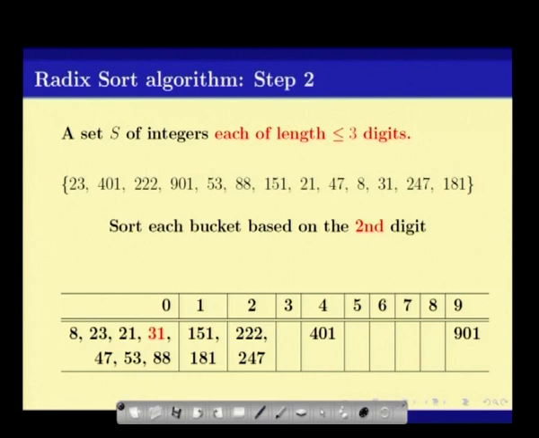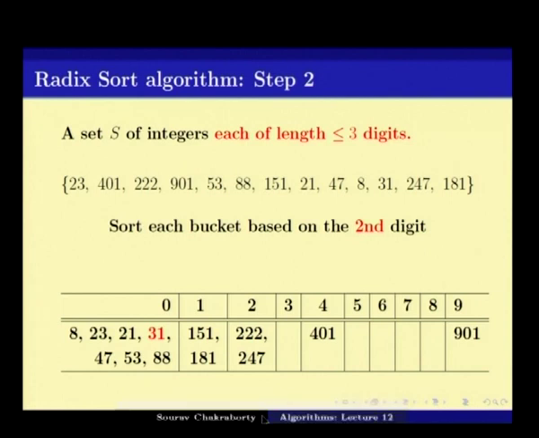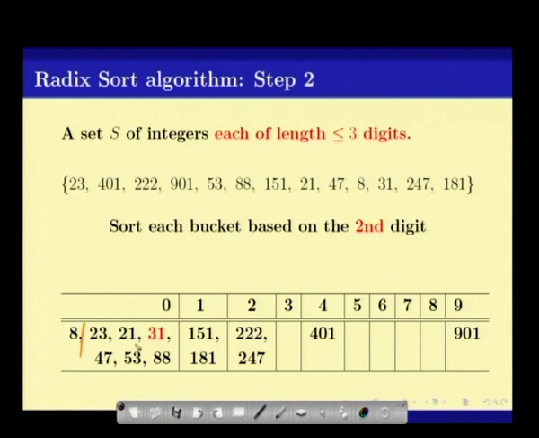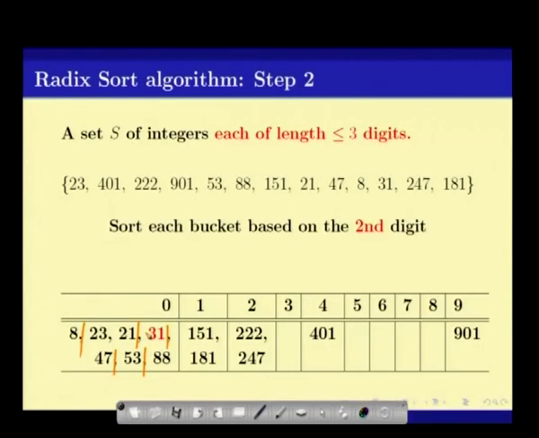Again note that after we have the bucketing done, you can think of this as one bucket, this is one bucket, this is one bucket, this is one bucket, and this is one bucket. So the zeroth bucket here has been split into smaller buckets based on the second digit, and even inside the second bucket the relative order has been maintained. For example, 23 was always before 21, and therefore 23 still remains before 21.